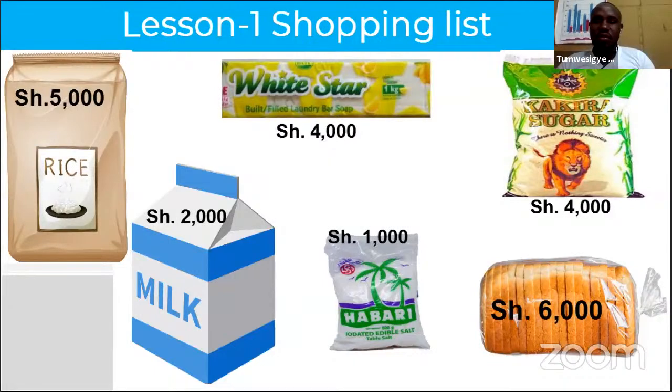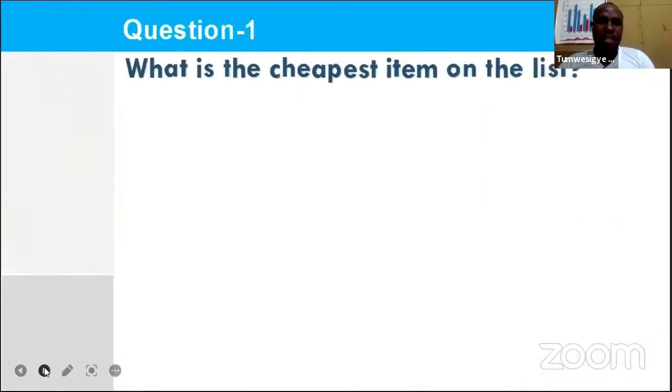Because when you look at the loaf of bread here, it is costing 6,000, yet sugar is 4,000, a bar of soap is at 4,000, salt is at 1,000, milk is at 2,000, and rice is at 5,000. So therefore, we can conclude that the cost of bread is 6,000. So bread is the most expensive item.